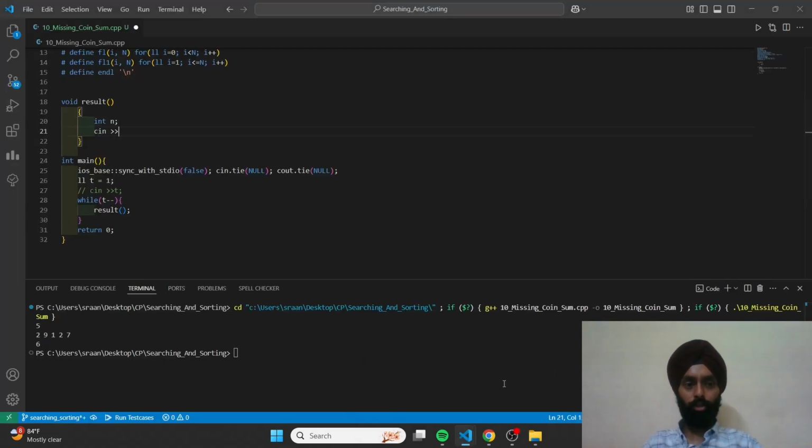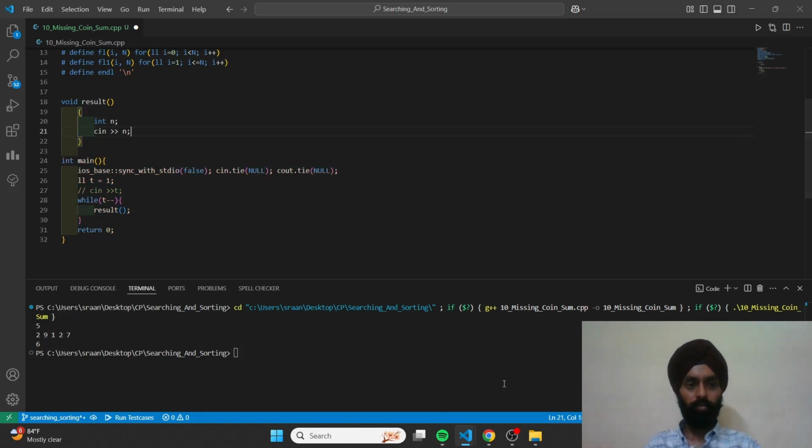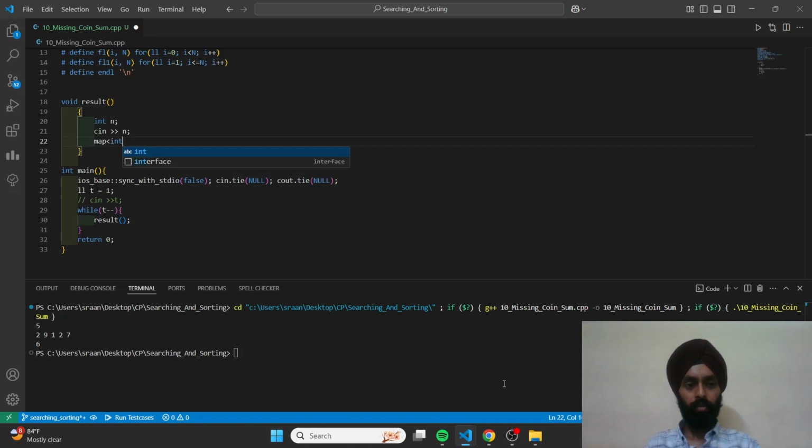We will take n for storing the number of coins. Then we will create a map of long long comma long long type, m.